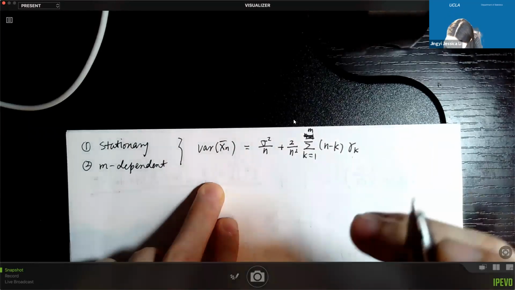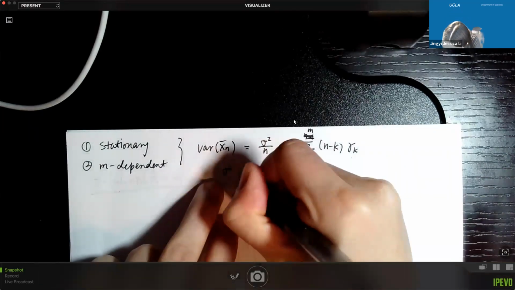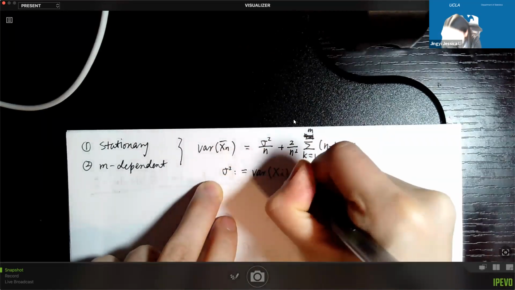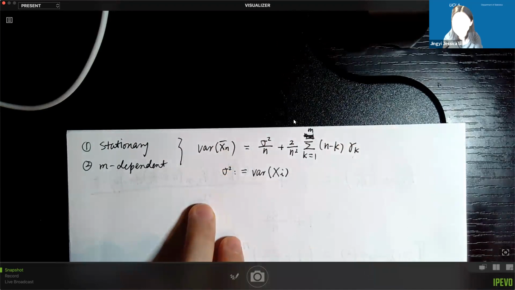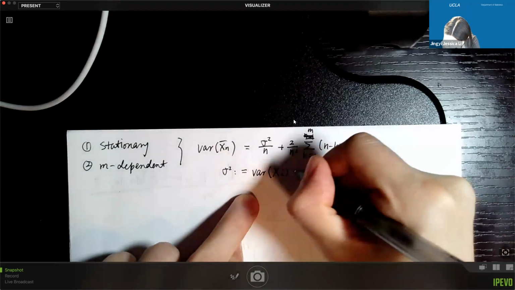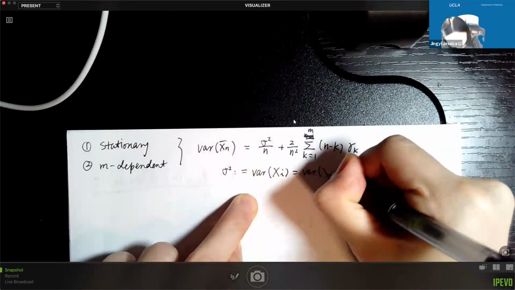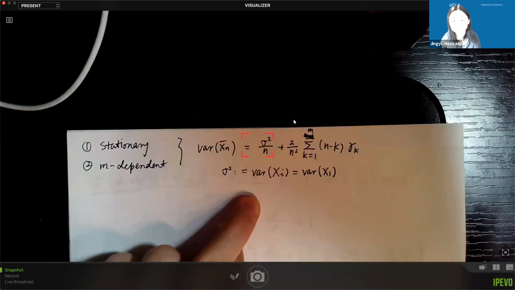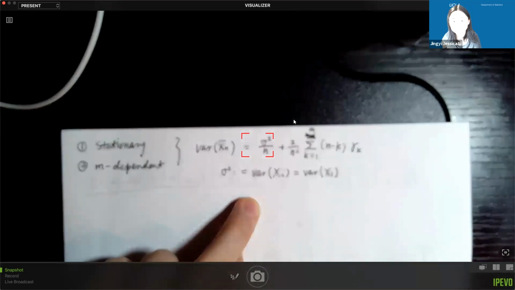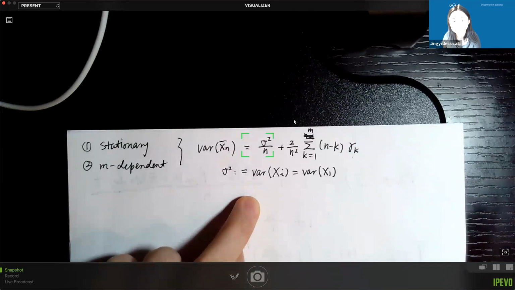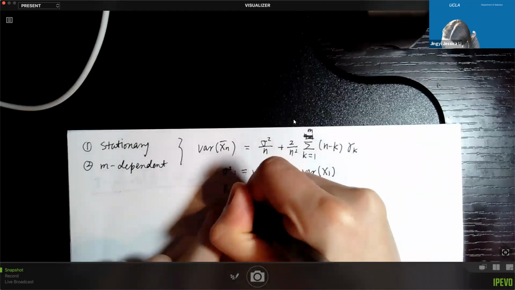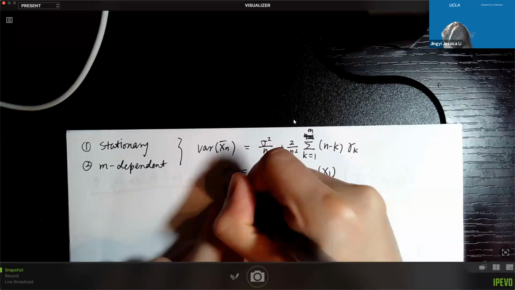So how do we define those? Sigma squared is defined as the variance of X i. And because they're identically distributed, we can write this just as the variance of X 1.